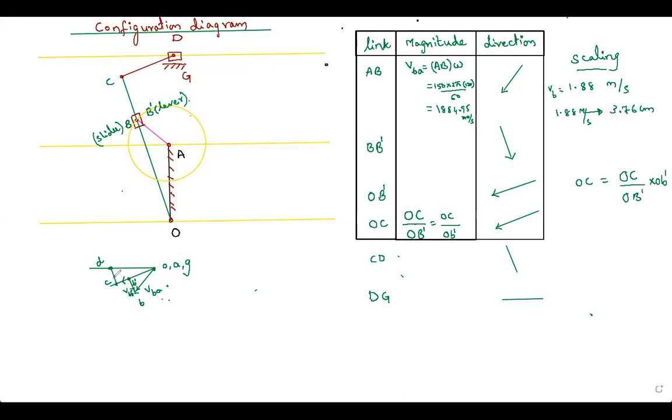You can draw a downward arrow or upward arrow. Velocity of C with respect to D, and then you have velocity of D with respect to G in this direction. So this is your velocity diagram.